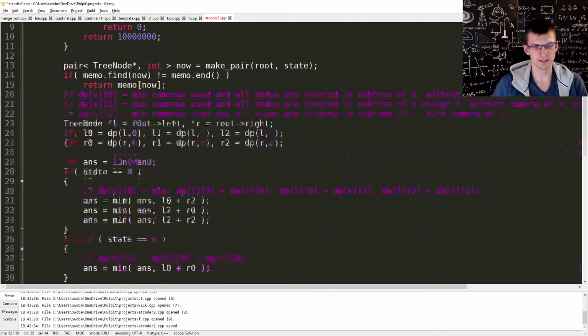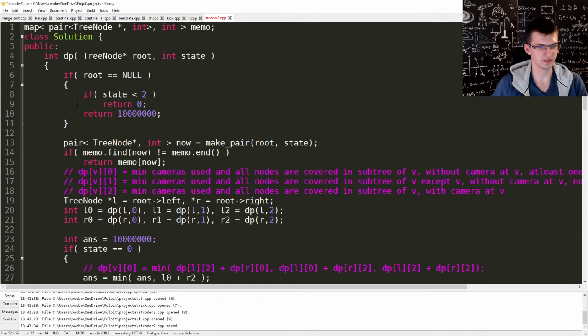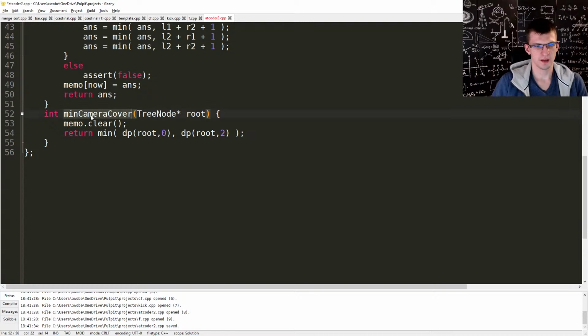Instead of going through this long function, DP, again, it could be called DFS, whatever. It's DP with memoization, and I will also say something about that. It's ugly, but the point of this part of the stream was exactly to go through some ugly code.